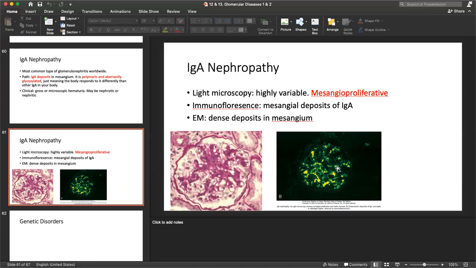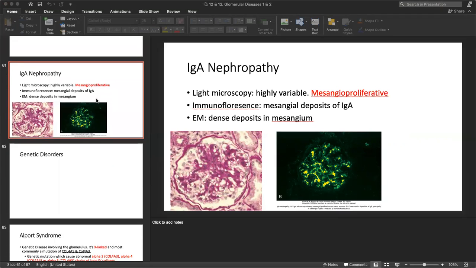And on light microscopy is going to have mesangial proliferative. So we can see it's super dark right here. You may have to almost flashcard some of these pictures and really try to get them in your brain because I know they're really hard.